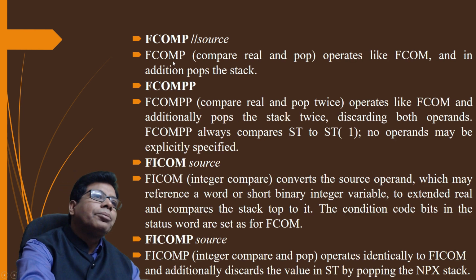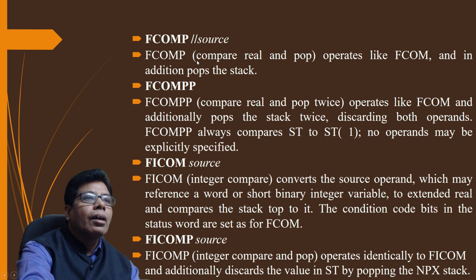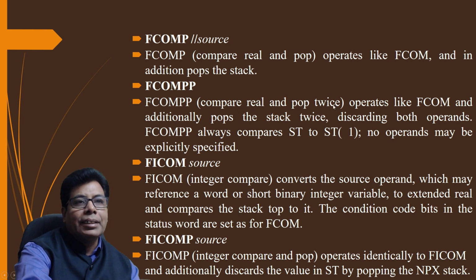Then let us go to the next, FCOMP, compare real and pop. It is similar to FCOM, only an additional pop of the stack will occur. Then FCOMPP, compare real and pop twice.